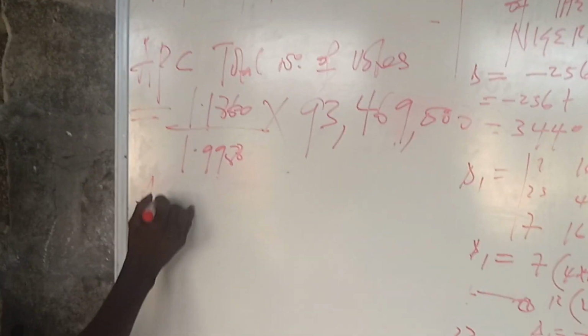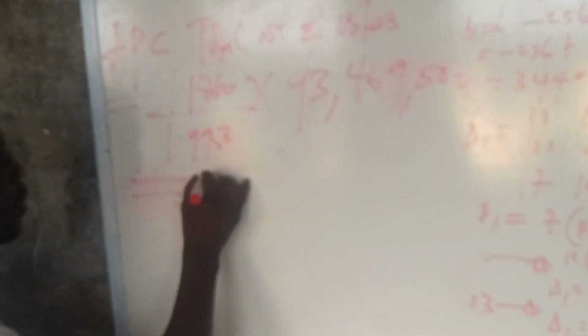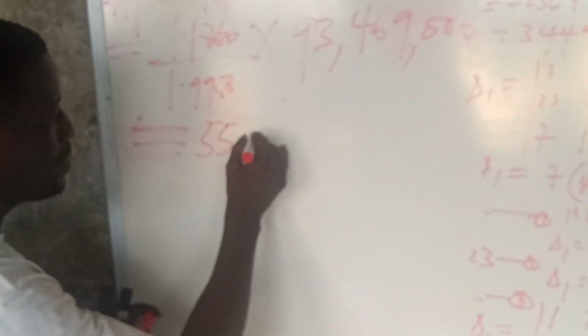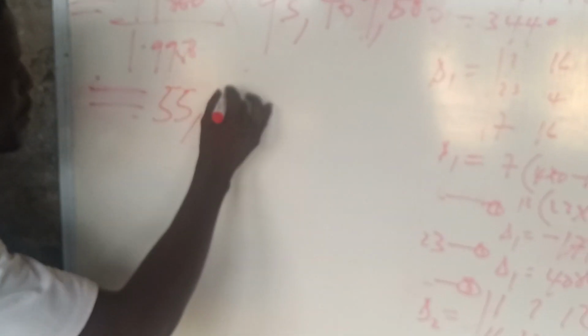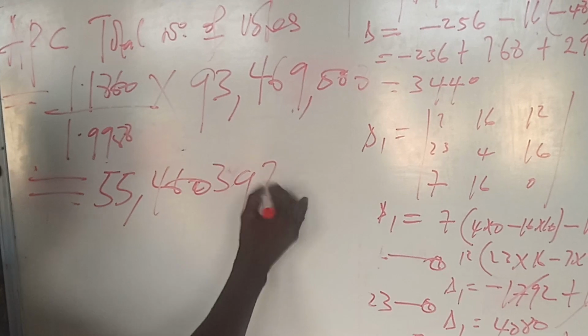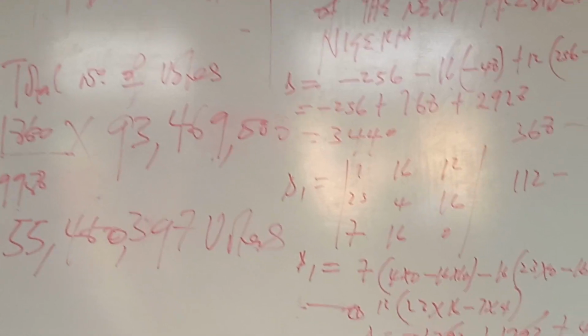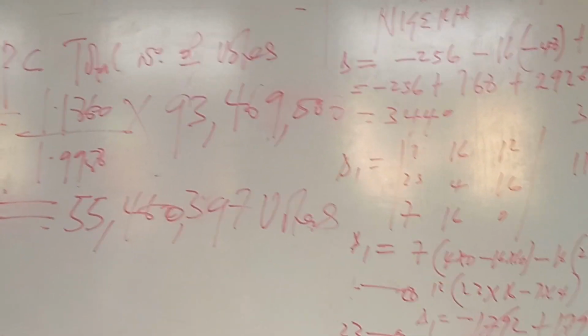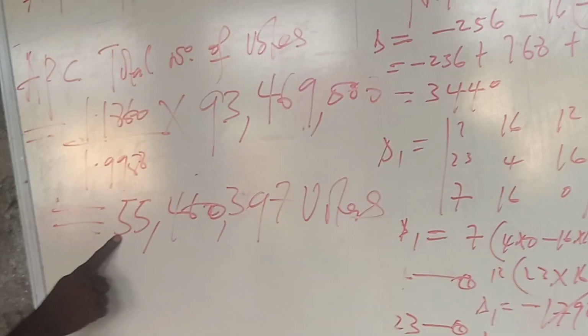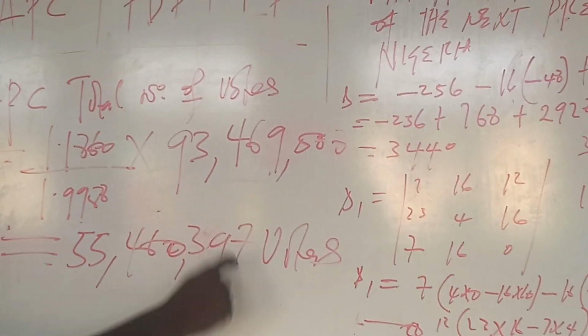Therefore the APC total number of votes becomes 55 million, 460,397. In approximation, 55,460,397 persons will eventually come out and willingly vote for APC.